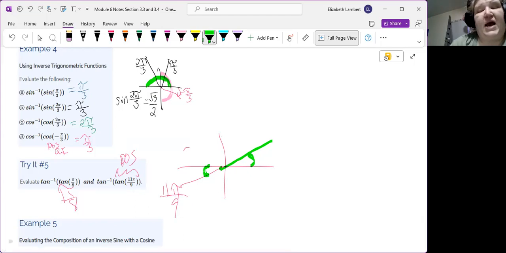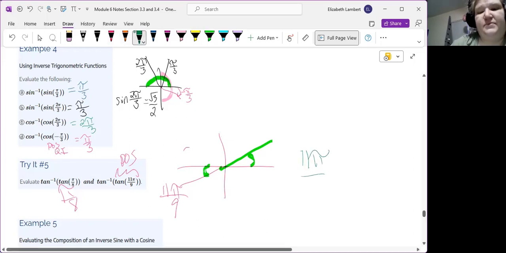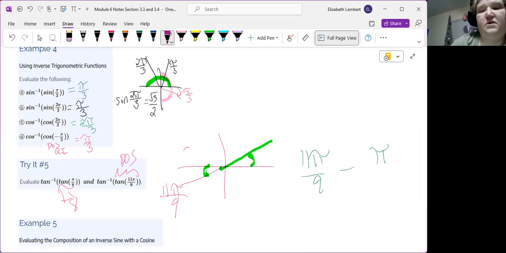So my angle is pi too big. So I need to subtract off a whole pi there. So 11 pi over 9 minus pi, multiply by 9 over 9 so my denominators match. So this will be 2 pi over 9.